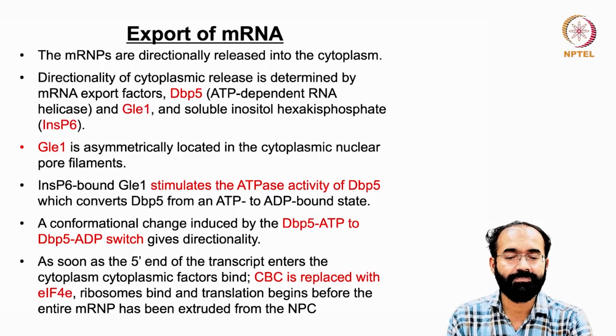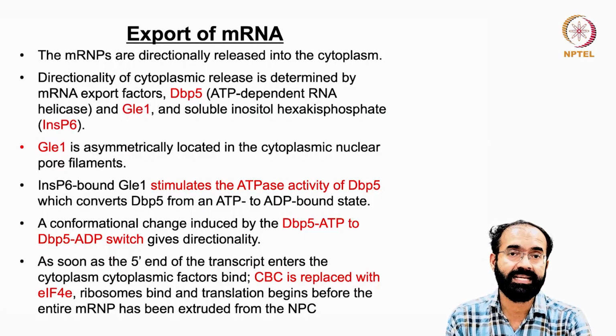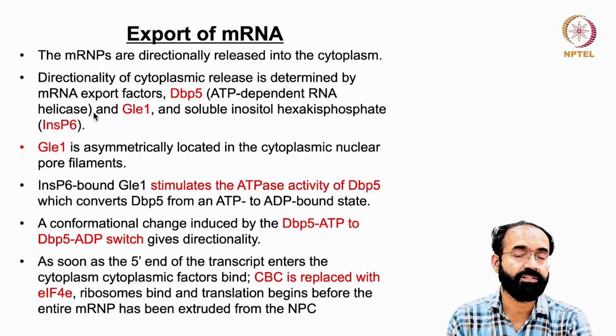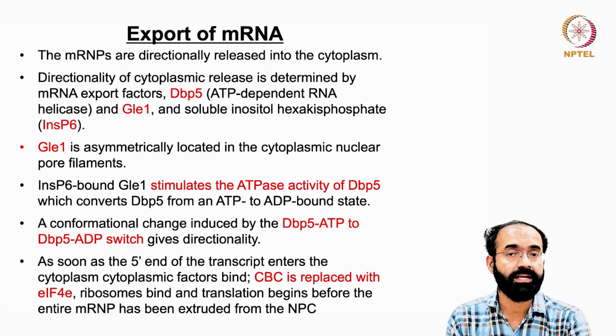Directionality of cytoplasmic release is determined by mRNA export factors such as DBP5, which is an ATP dependent RNA helicase. You know the importance of helicase, because they have to maintain proper structure. If secondary structure tweaking of an mRNA is needed, helicase has to come into action.